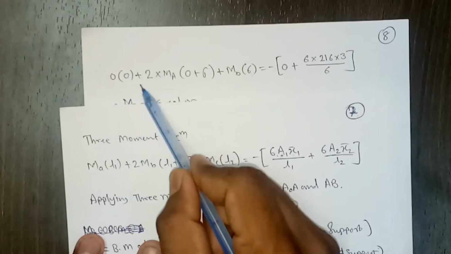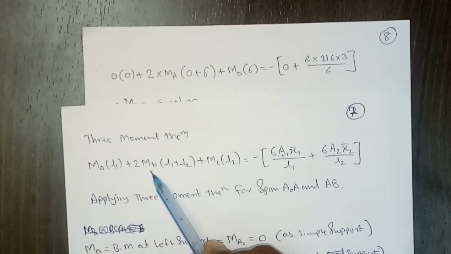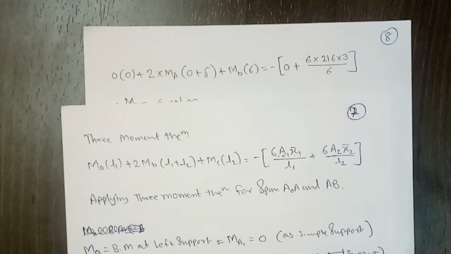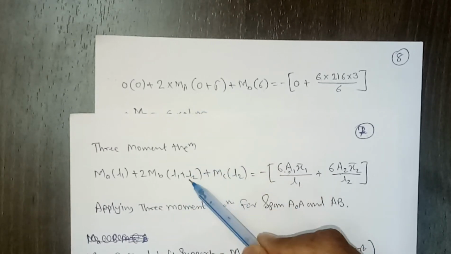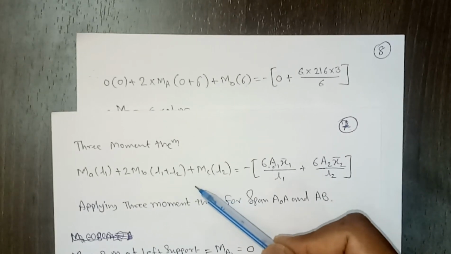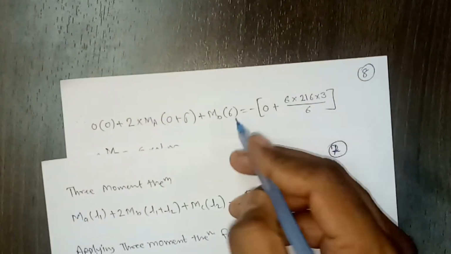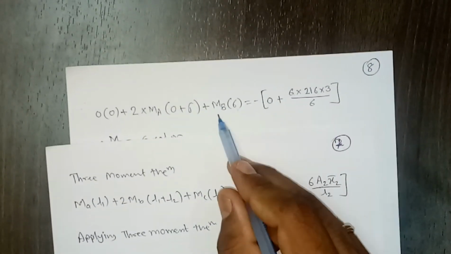Anyway, the length is also 0, so I have substituted that, plus 2 into MB, small b for the mid support. So then we'll have MA, moment MA plus L1 is 0, L2 is 6, plus the moment at the right support, that is B support, so it should be capital MB.